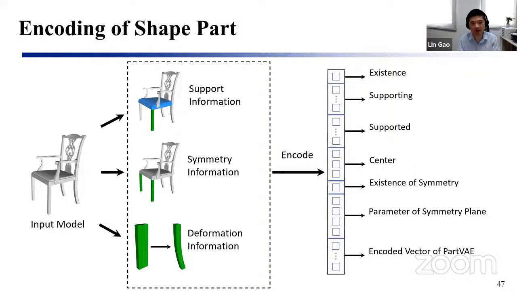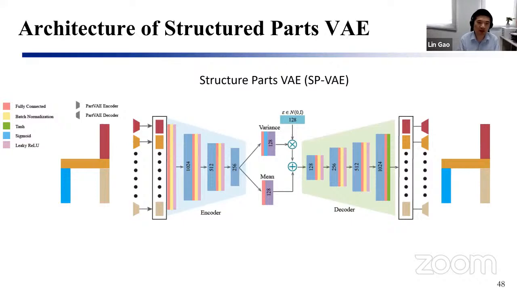The vector encodes the graph relation, the support relation, and also the geometry detail of each shape, and we put all the shapes in the variational autoencoder. We could train a structured part VAE. We take the shape, analyze the deformation, analyze the structure, get the code, and put all the codes into the network. We could train a generative model.